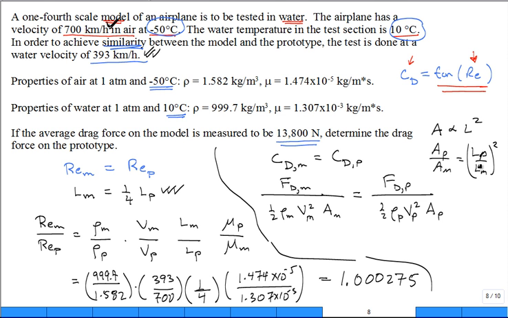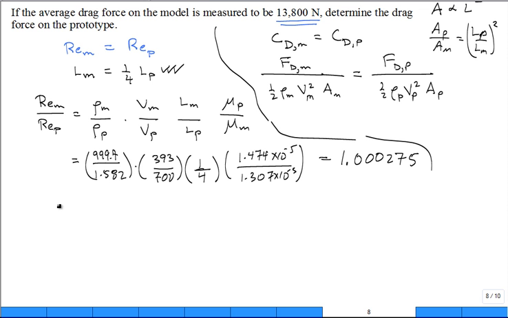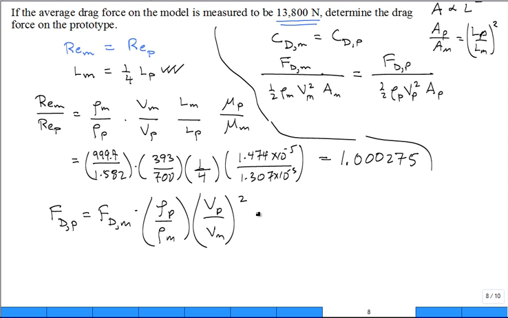Okay, I'm going to run out of room here, but let me scroll down just a little bit, and you try and write it where you have the drag force on the prototype is the drag force on the model times the density prototype over density model, velocity prototype over velocity model squared, and then that ratio of areas, but the areas come into lengths. Length of the prototype over length of the model squared. And we had that the force on the model was 13,800 newtons.